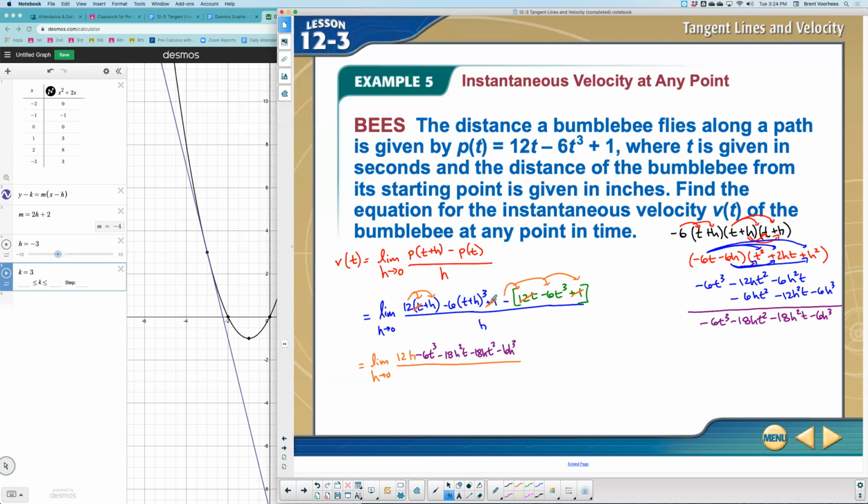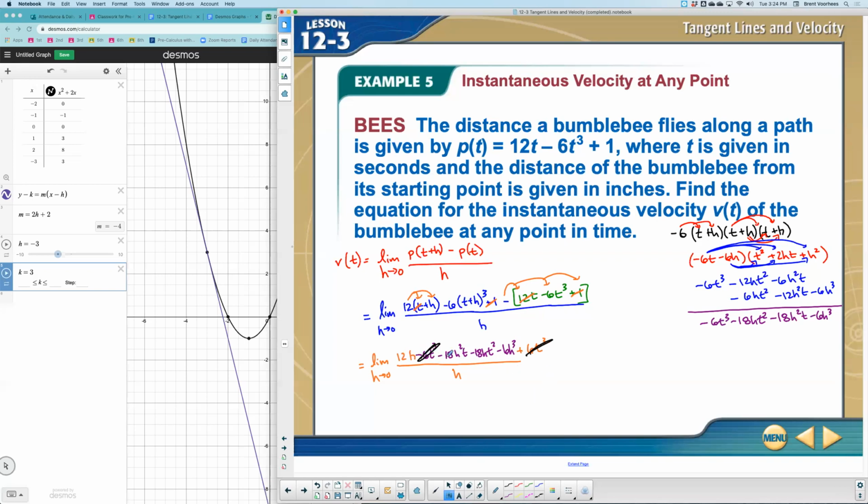Finally, when I distribute this portion over here, we would have minus a negative 6t cubed, which is a positive 6t cubed, and all this divided by h. All right, so let's see if we can cancel anything now. When I look at this listing in here, I see I have a minus 6t cubed and a positive 6t cubed.